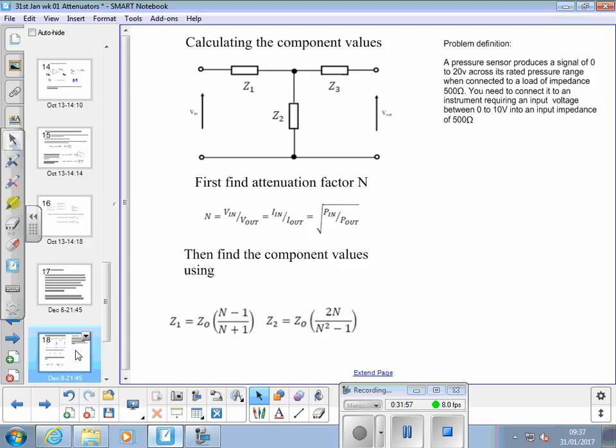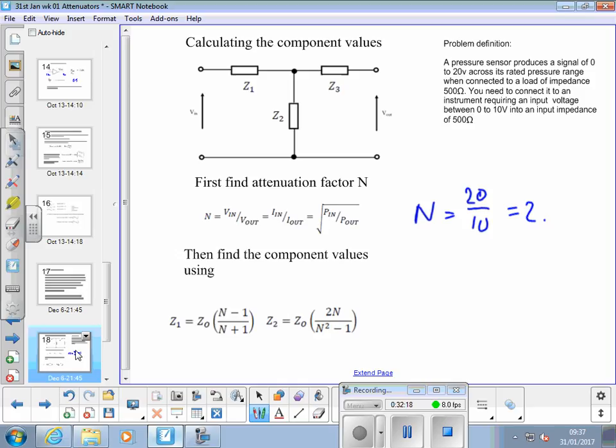So in this case, N is equal to V in over V out, because they're what we've been given. So it is 20 over 10, 2. So we've got an attenuation factor N of 2.